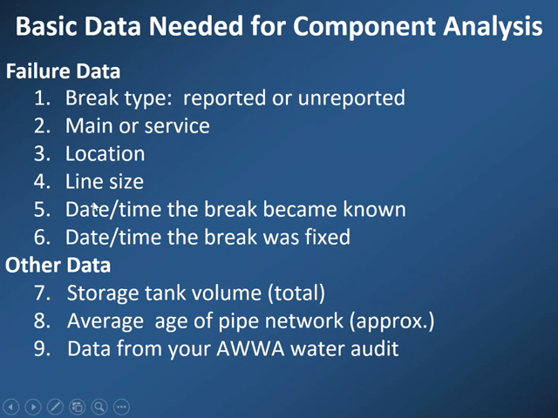Most of that type of stuff, even if you have a basic work order system that you are tracking these types of repairs in, these are all fairly standard. Some other data that you'll need in hand to do the leakage component analysis is the total volume in the storage, roughly the average age of your pipe network, and then of course the data from your AWWA water audit.